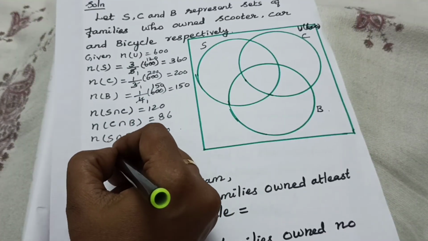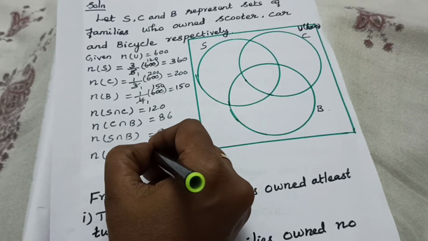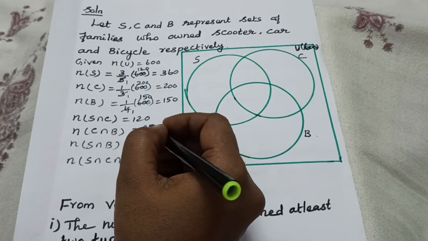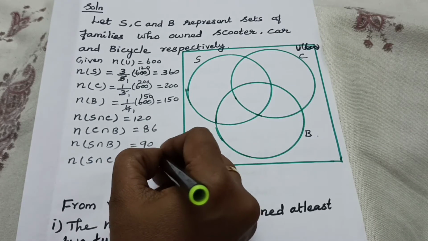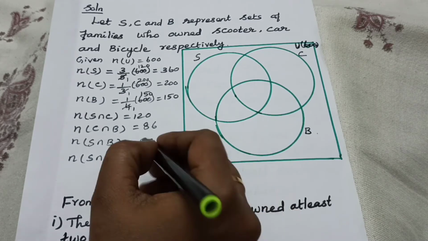Then n of S intersection C intersection B is equal to 2 by 15 of 600. Shall we cancel?